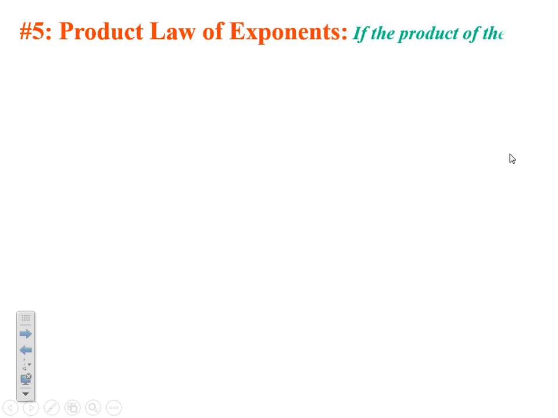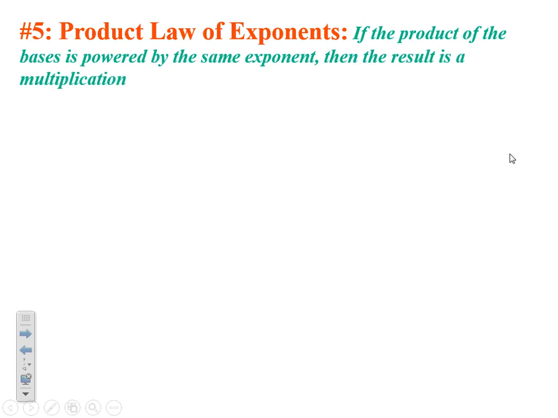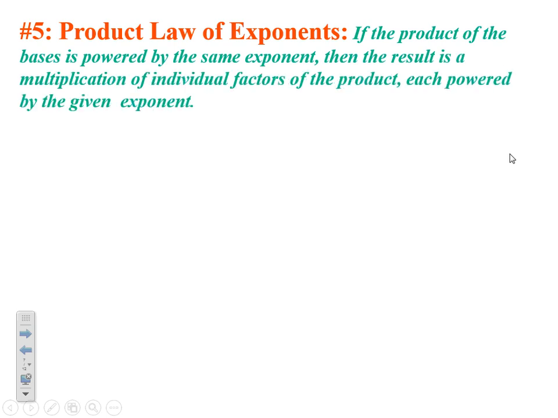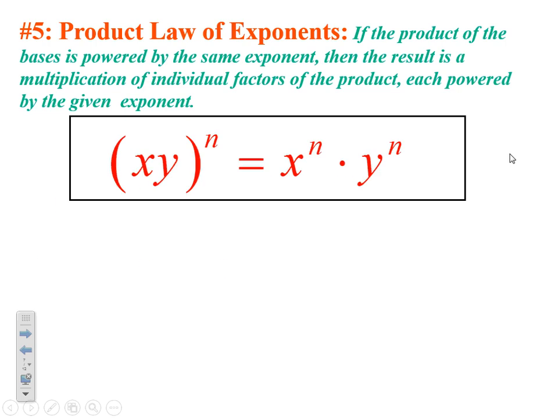Product law of exponents. If the product, and product means to multiply, of the base is powered by the same exponent, then the result is a multiplication of individual factors of the product, each powered by a given exponent. So this is what it looks like with variables. I have the quantity x times y to the nth power. So my exponent n is going to go to the x, so it's going to be x to the n times y to the n.